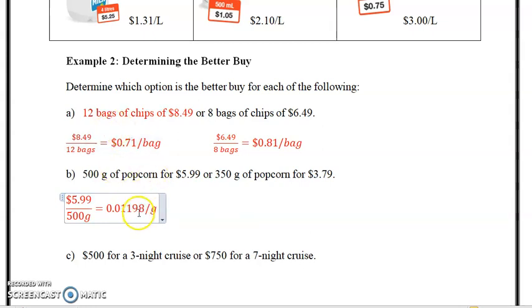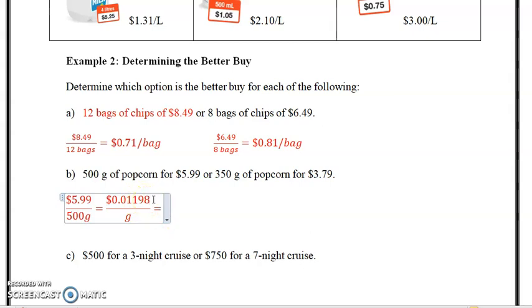Now here's the issue, because you're dealing with such a small number. This is what I mentioned before. What you're going to want to do is put this towards 100 grams. So you want to get a common denominator of 100. You have to multiply the numerator and the denominator by 100, because if you rounded this, it's only going to be a penny per gram.